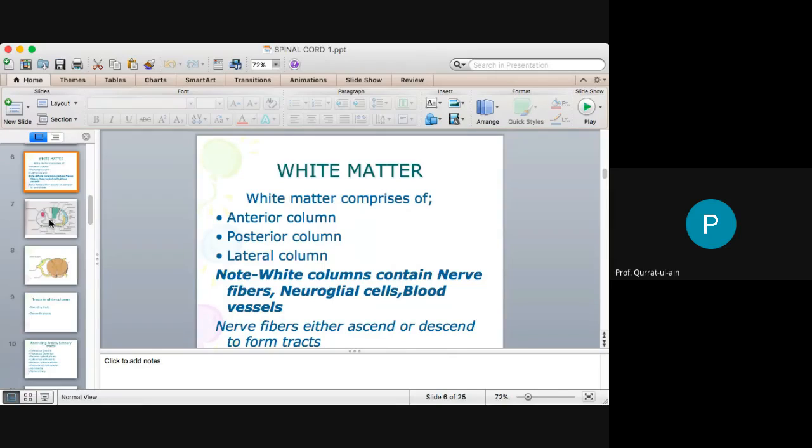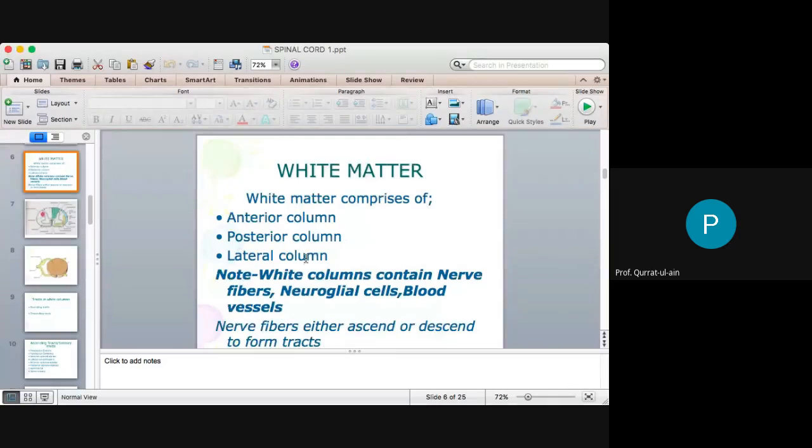And the descending fibers start from the cerebral cortex, descend through the brainstem, and reach the spinal cord. All right. So this is the basic concept: all ascending tracts are sensory tracts, and all descending tracts are motor tracts.